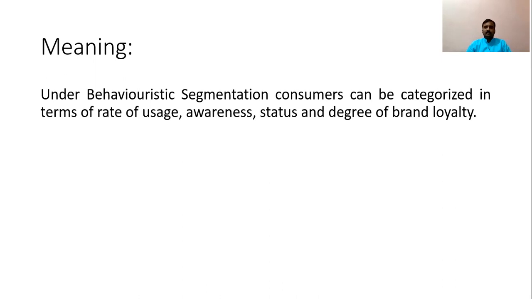Behavioristic segmentation of consumers can be categorized in terms of rate of usage, awareness, status and degree of brand loyalty. Under these three heads, we can study behavioristic segmentation of the consumer: rate of usage, how often he is going to use the products or services, awareness about the products or services, and status and degree of brand loyalty.